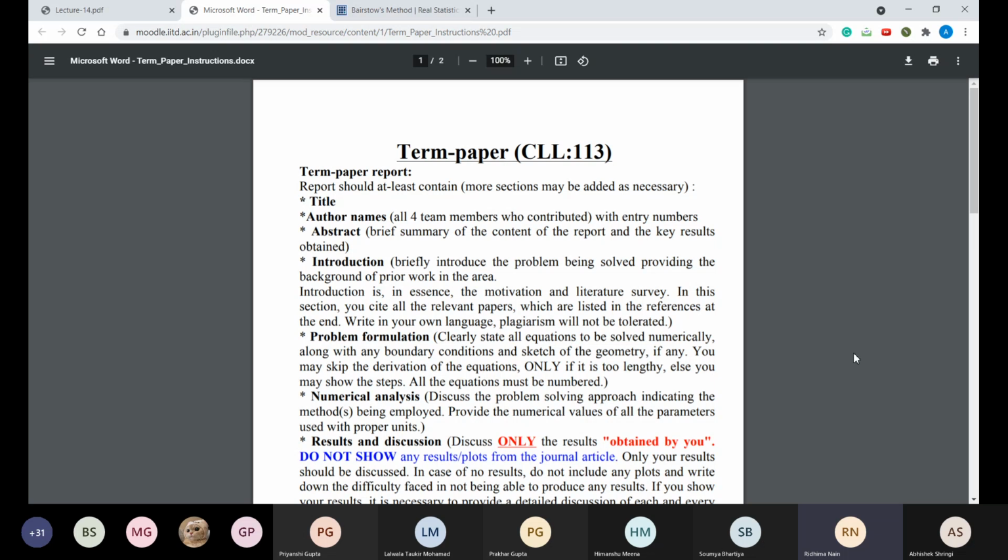On Google Scholar you will see only the research papers, whereas a simple Google search gives a lot of results that might not be important, so use Google Scholar.